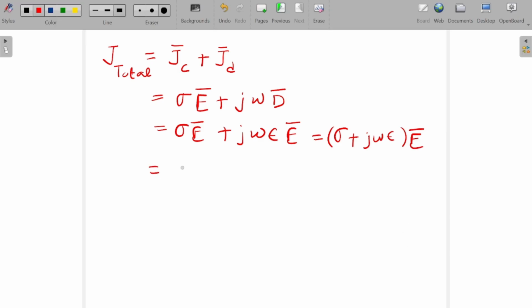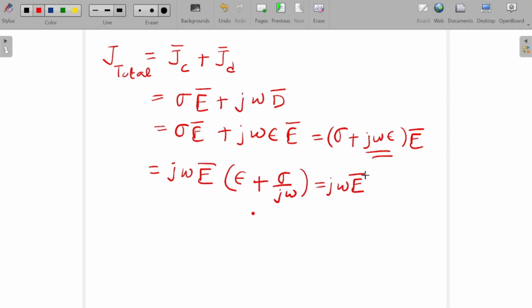Now, if you take j omega as common, then we will have epsilon plus sigma by j omega, which simply can be written as j omega E into epsilon minus j sigma by omega.